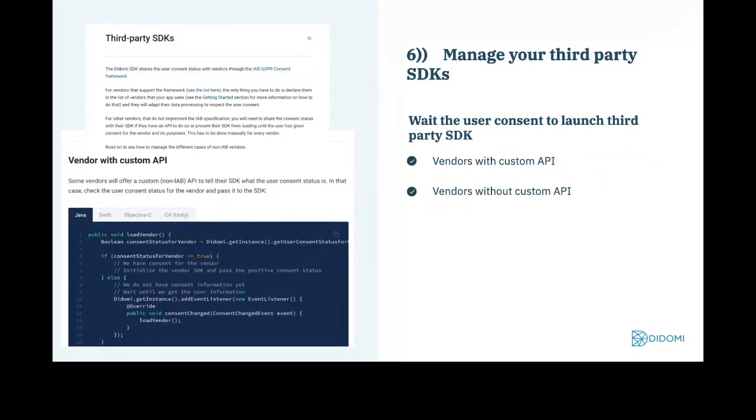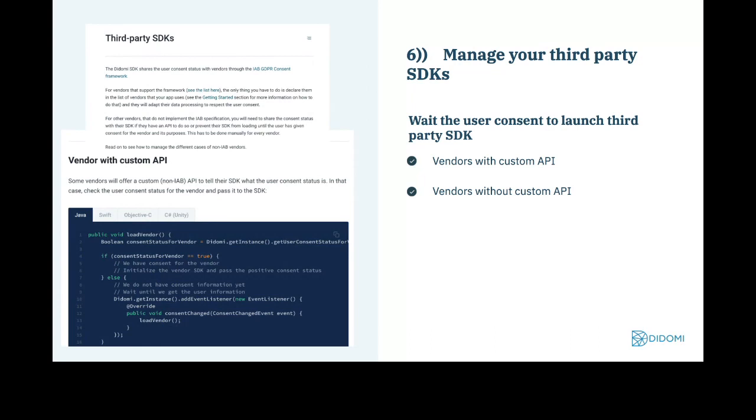The last step is managing your third-party SDKs. For the non-IAB partners, you will have to condition the loading of your partner SDK to the user consent. We have a very detailed and technical documentation explaining what you need to do to condition the loading of your non-IAB partners to the user consent.